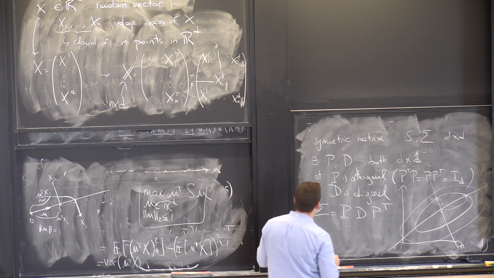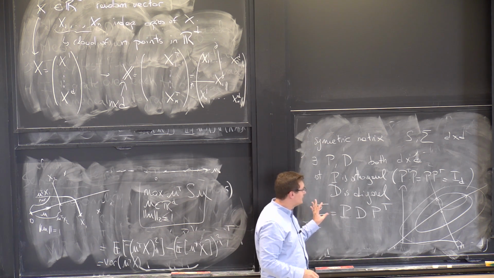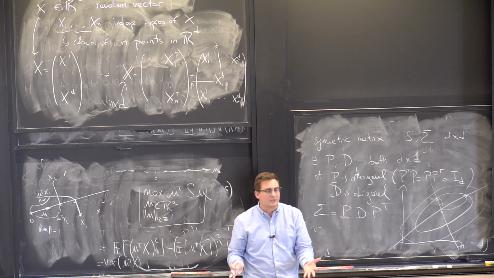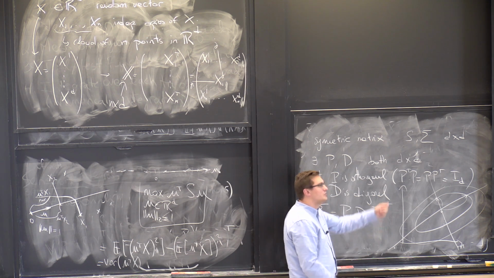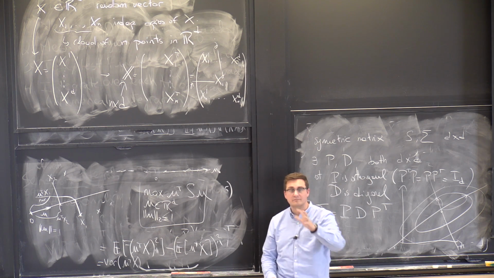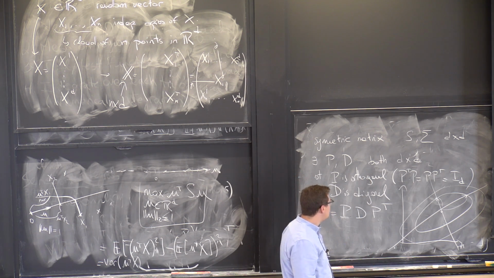If I take sigma times v, for any sigma that's symmetric, what I'm really doing to v is changing its coordinate system, so I'm rotating it, then multiplying its coordinates, and then rotating it back. That's all it's doing, and that's what all symmetric matrices do, which means that this is doing a lot.